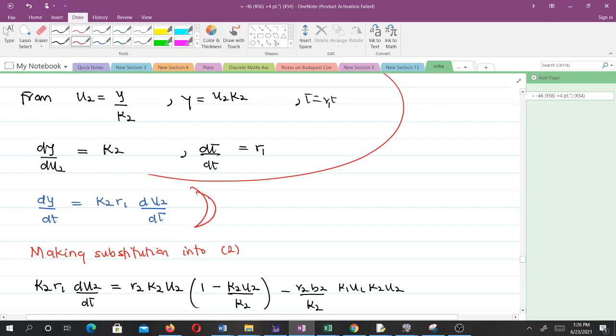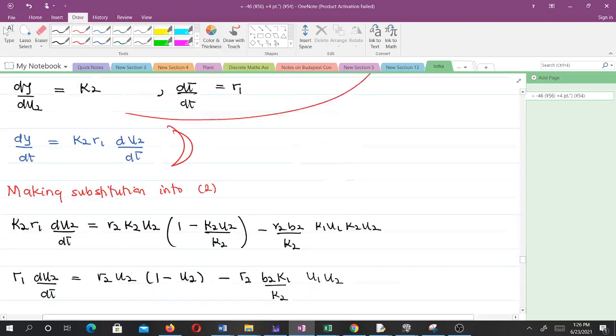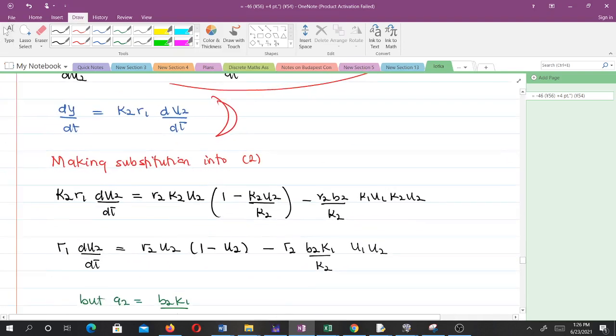That's the main model for the predator-prey model, the species 2, right? So that means that instead of dy/dt, you write k2 r1 du2/dtau equal to, wherever you find x, we will put k1 u1. Wherever you find y, you put k2 u2.